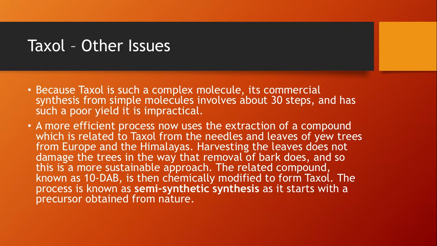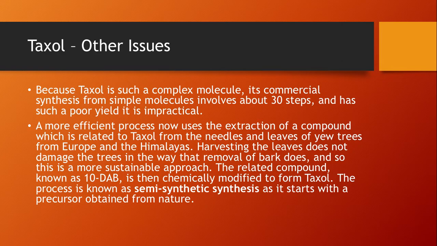So with every step you get waste because you can only use certain products, and therefore the amount of Taxol you get at the end just isn't worth the price and the process. So a more efficient process now uses the extraction of a compound which is related to Taxol from the needles and leaves of yew trees from Europe and the Himalayas.